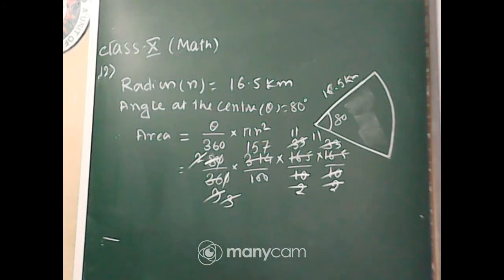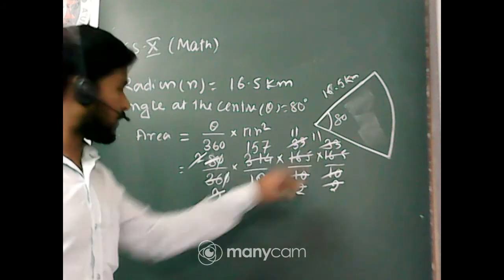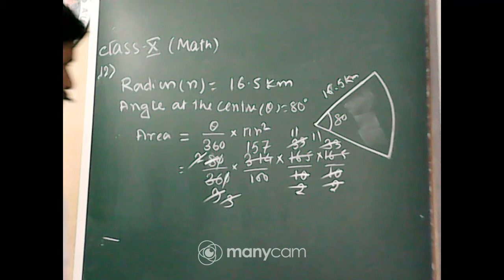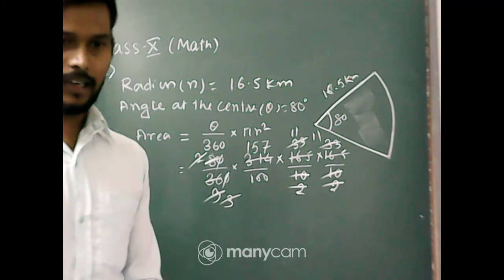So now multiply 157 with 11 into 11 and then divide by 100. Just adjust the decimal point and you'll get the answer.